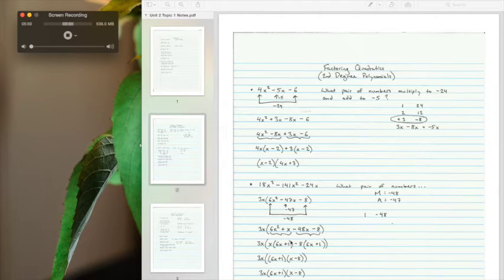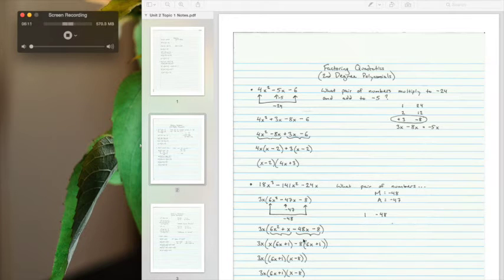I'm going to do the same thing here with my second group of terms, negative 48x minus 8. The common factor I have there is that number 8, negative 8 in fact, so I will pull out a negative 8. And then I will divide each term by that negative 8.